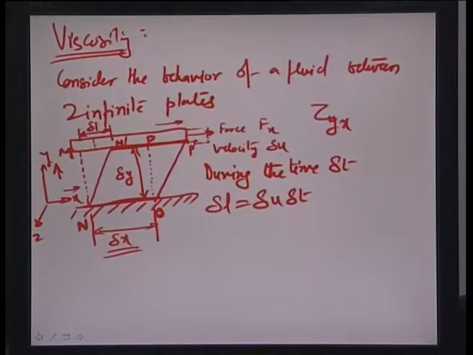So, therefore, tau y x is defined as the limit of delta A y tending to 0 of delta F x by delta A y, or dFx by dAy, whatever you may call.